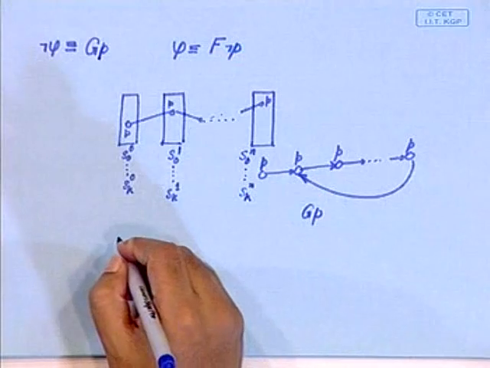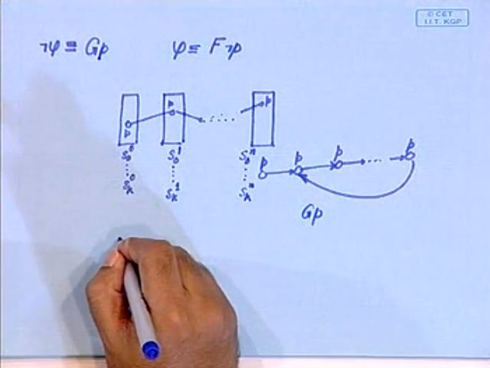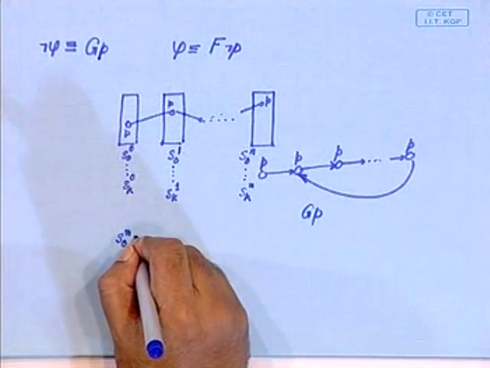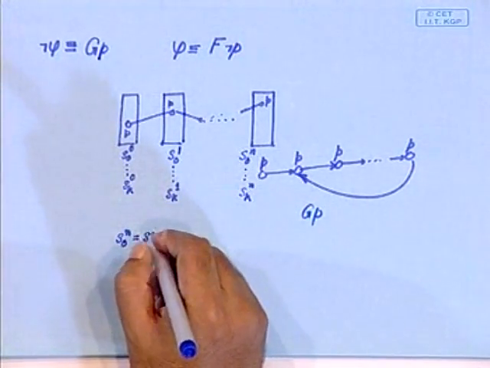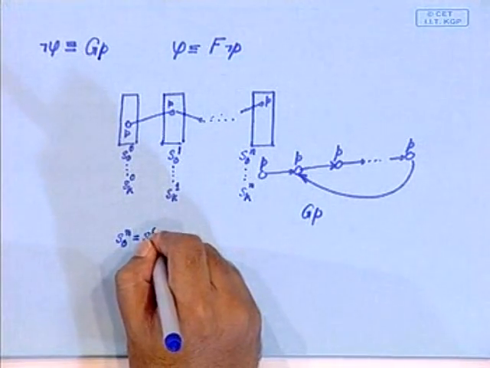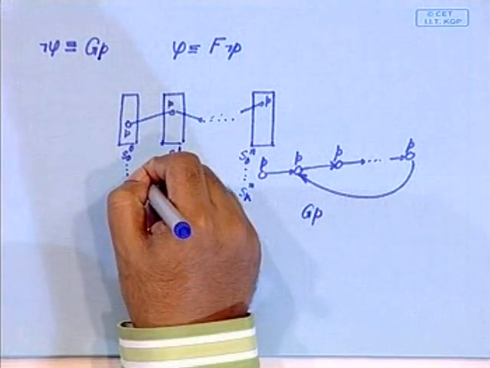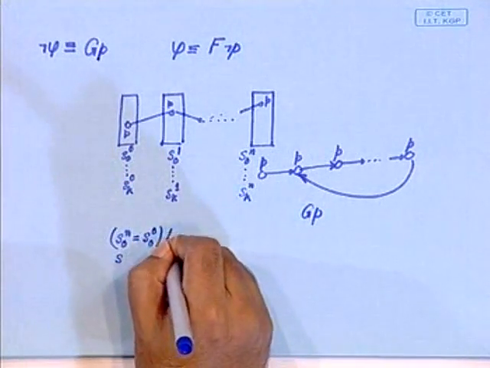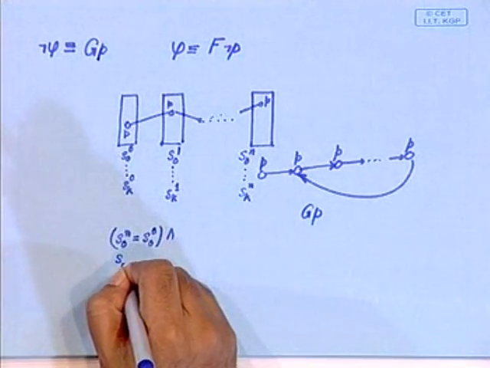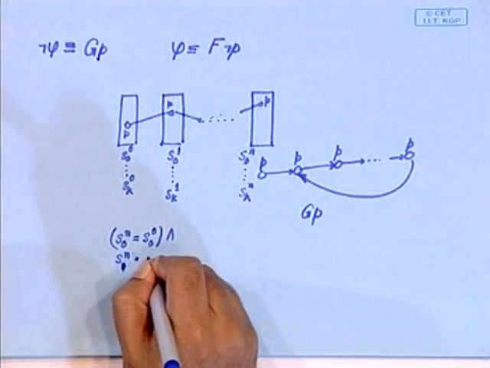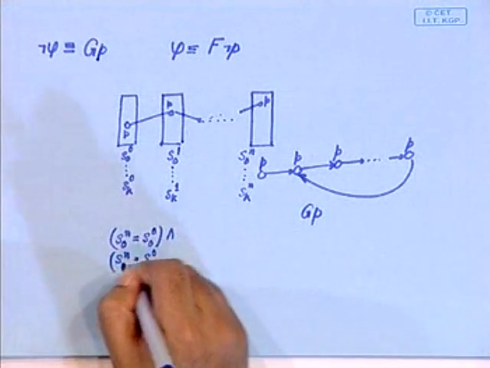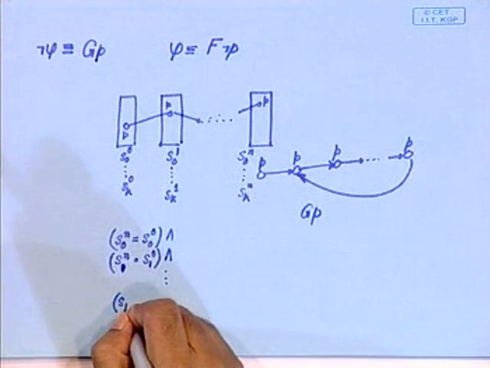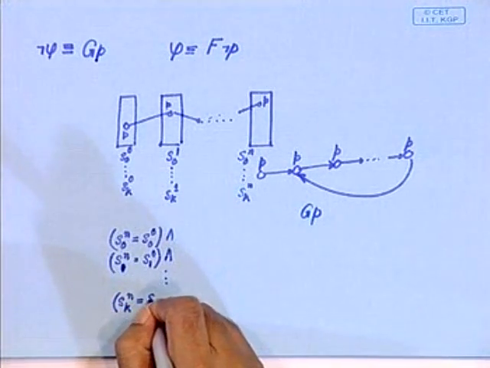Then we must add clauses which say that S0n is equal to S00, if I want to check the loop for here, and S1n equal to S10, and so on, up to Skn equal to Sk0.